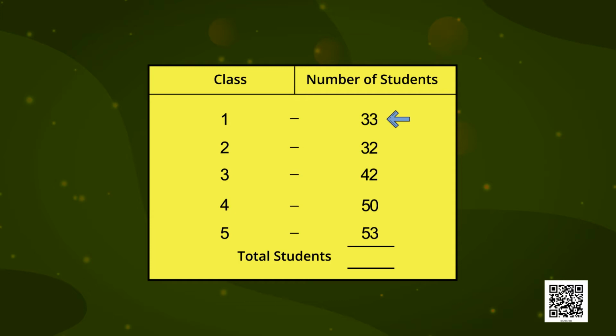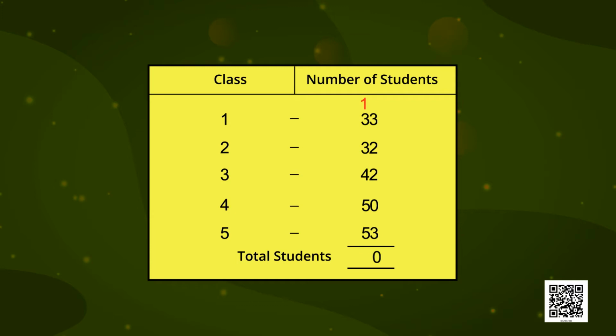So we add 3 plus 2 is 5, plus 2 is 7, and plus 3 is 10. So we get 0 at the unit place and 1 we carry to the tens place.